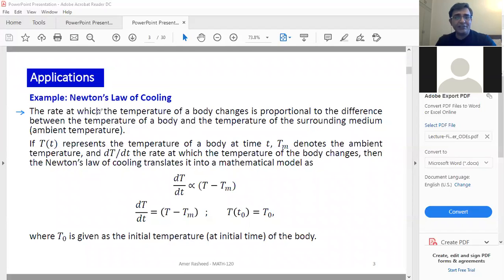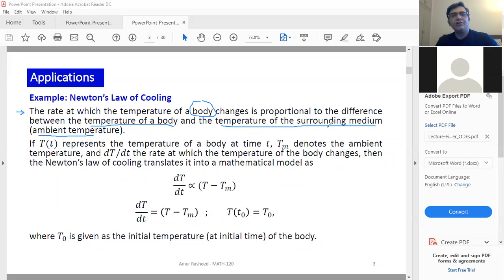The rate at which the temperature of a body, for example the coffee cup, changes is proportional to the difference between the temperature of the coffee cup and the temperature of the surrounding, meaning the temperature of the room. That is called the ambient temperature or the surrounding temperature. If you have a hot cup of tea, how does its temperature decrease?